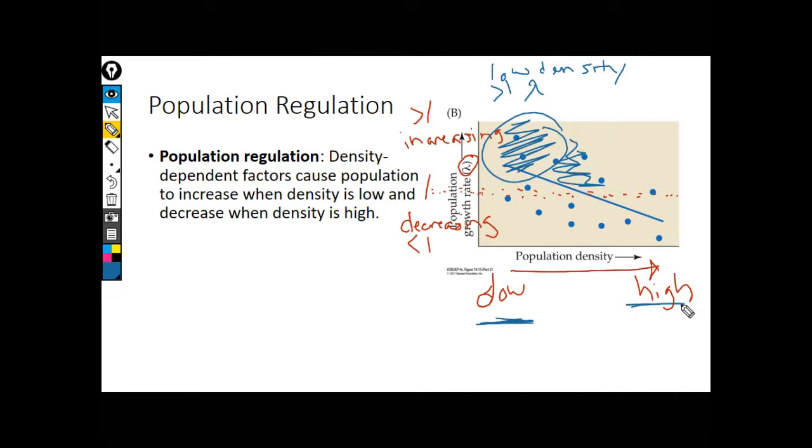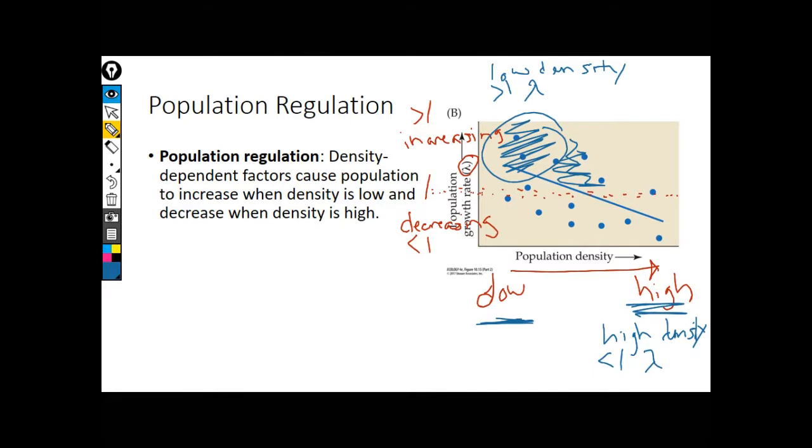So then at high density, what happens? Good. High density. Make myself enough space there. Okay. I have a smaller lambda.